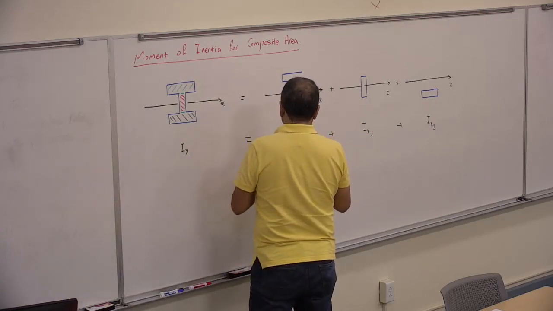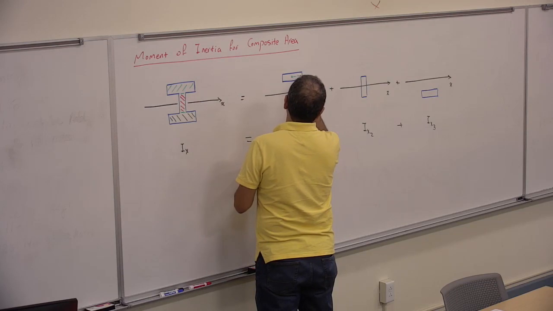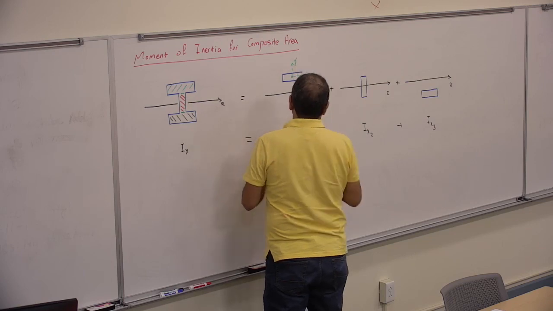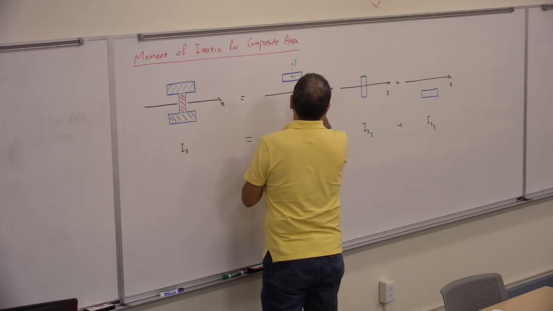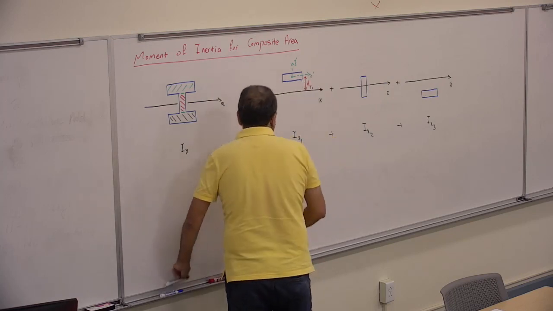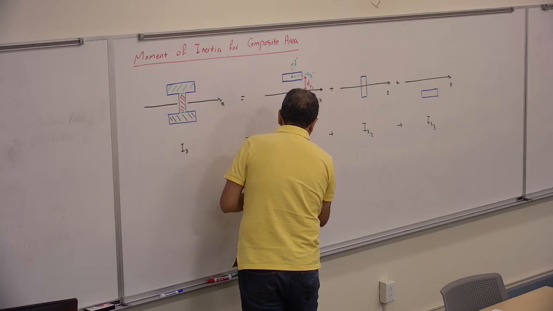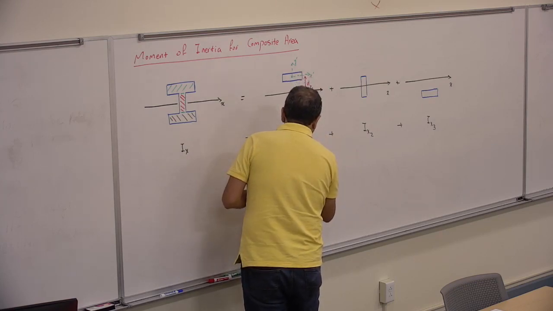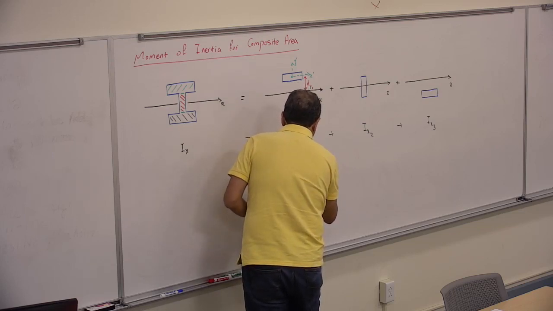It's the X axis passing through the center, X prime, Y prime. And this distance, I call it dy for the first one. So Ix for the first one is the Ix passing through their centroid plus A dy squared for the first one.